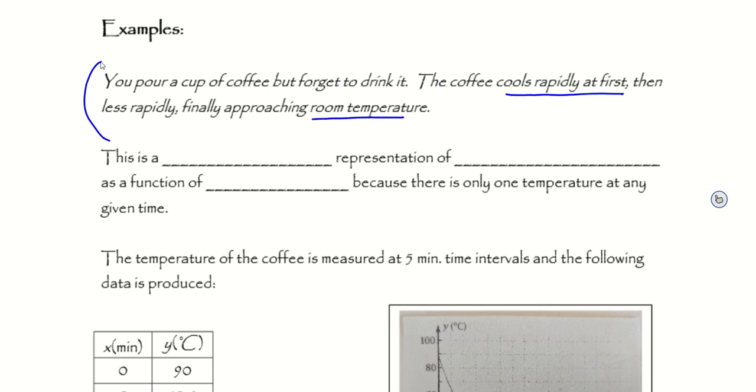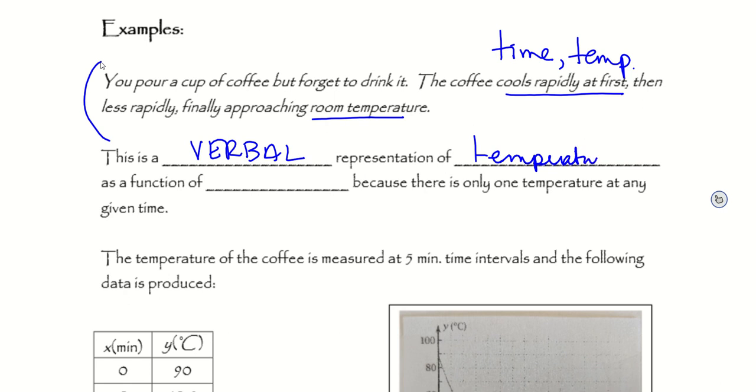So this situation is talking about two quantities that vary. It's talking about time, right, as the coffee sits there, and it's talking about the temperature of the coffee. This is a verbal representation of temperature as a function of time, because there is only one temperature at any given time.